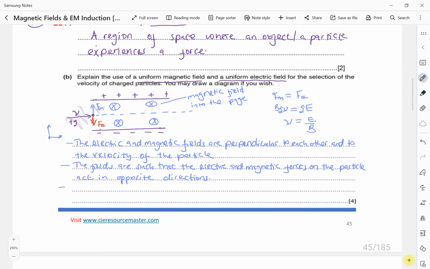Now that the electric and magnetic forces act in opposite directions, we have to adjust the fields so that the electric force is equal to the magnetic force.